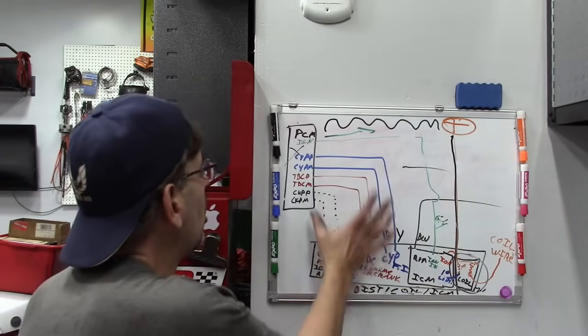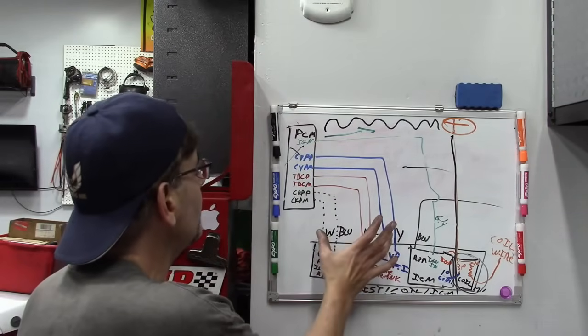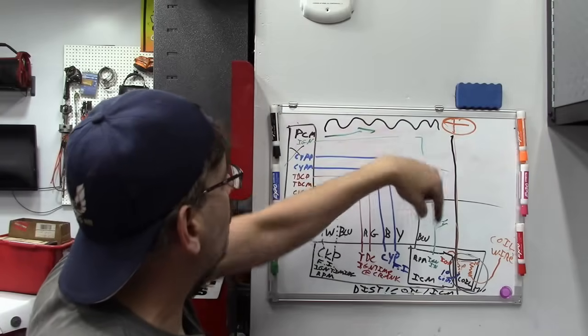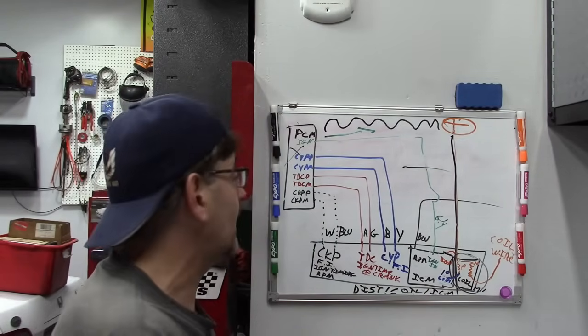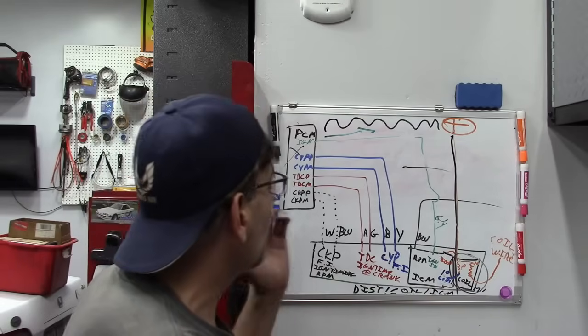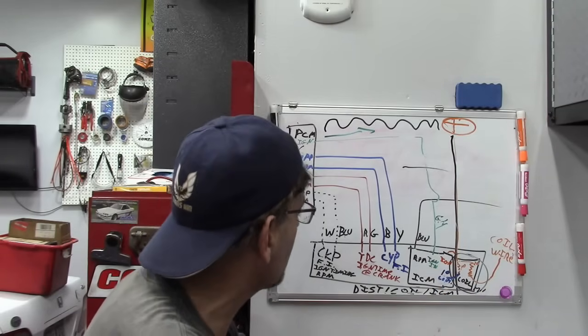We tested all of these components, and we know that all of these inputs work, the PCM works, and the PCM output is good. So our issue can only be a bad ICM, a bad coil, or however the coil is grounded in here, and I'm not quite sure on that.